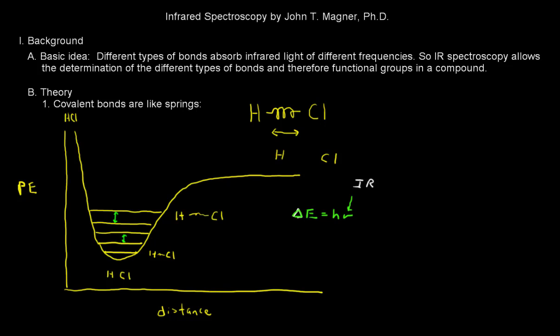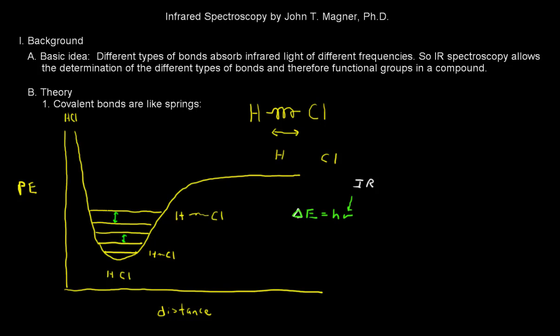So in other words, if you shine IR light on covalent bonds, it causes the bonds to vibrate. And different wavelengths, higher energy wavelengths or frequencies of infrared light, can cause the bonds to vibrate with greater energy, higher frequencies, and correspondingly greater interatomic distances.